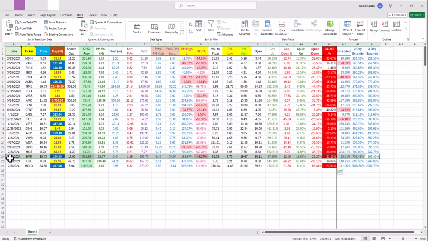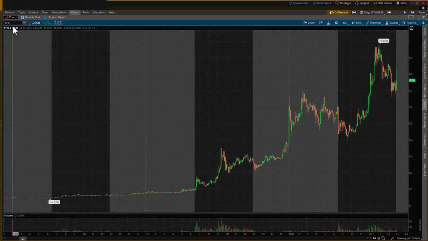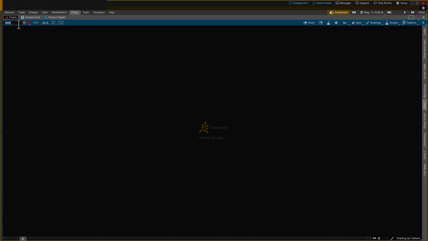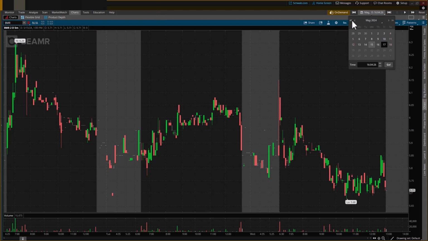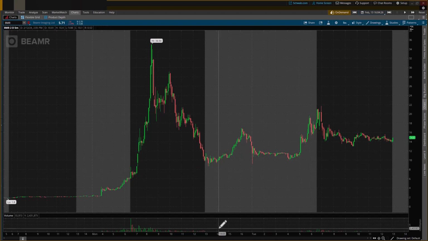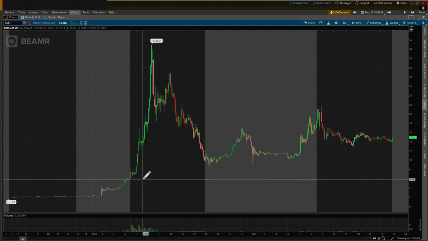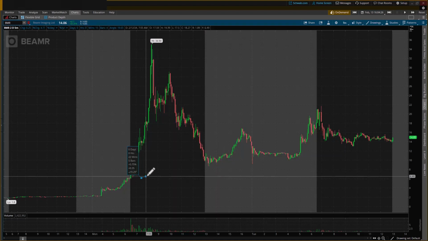This other one right here, for example, BMR. Let's check this one, the third and final one, just as an example. BMR on 213. Okay, so the first one is a prior day increase of 30% or more, from here to here.